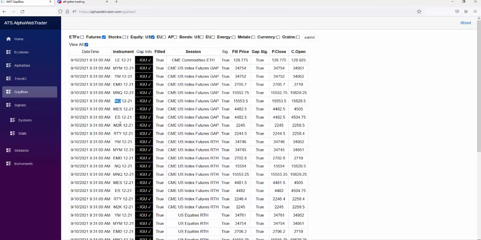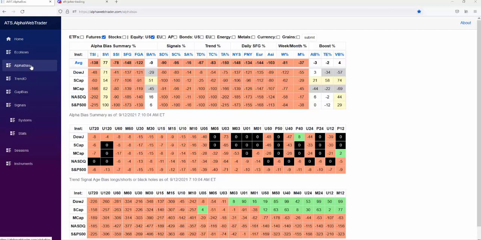If I come back to the gap bias here, notice we have what's called the TrendOmeter and the alpha bias. The alpha bias will rank the markets from weakest to strongest. At that time in the morning, the Dow was at the bottom, which meant it was the weakest, and the NASDAQ was at the top, which meant it was the stronger market.